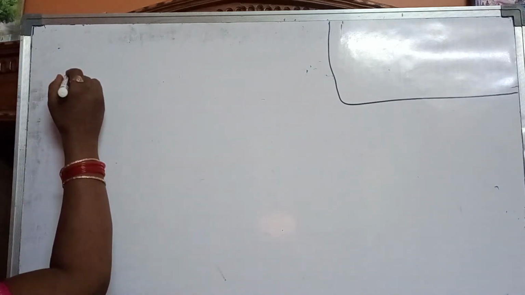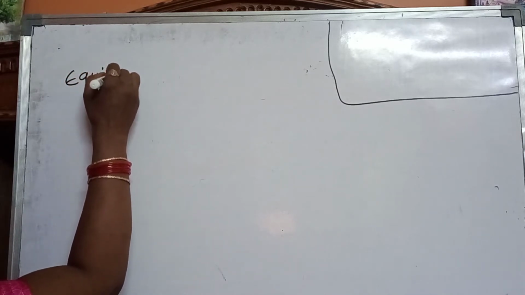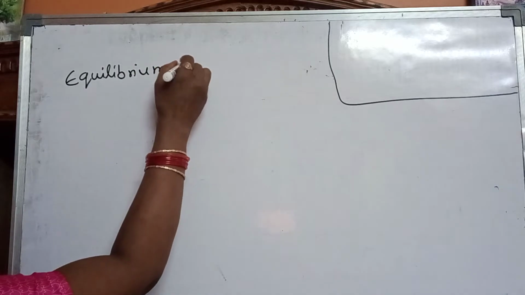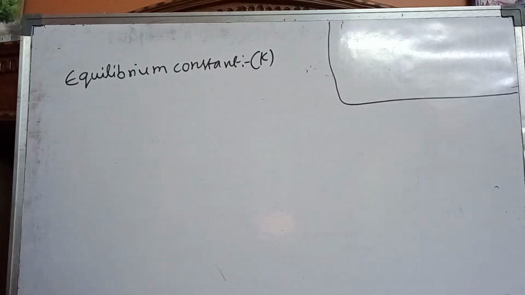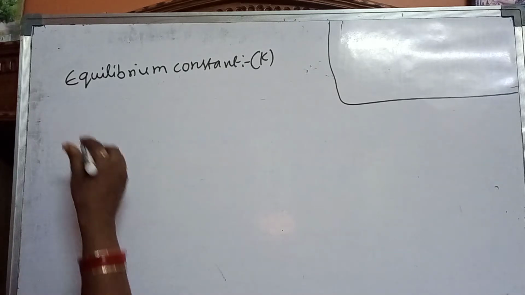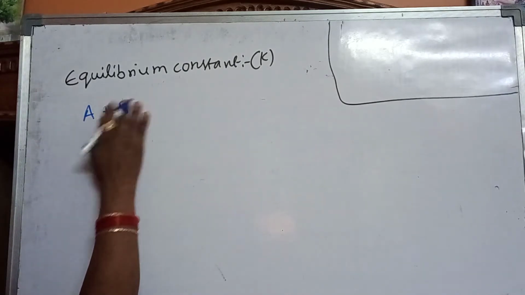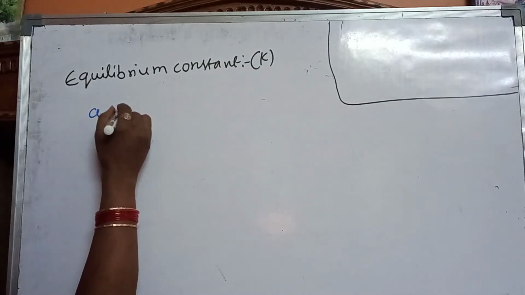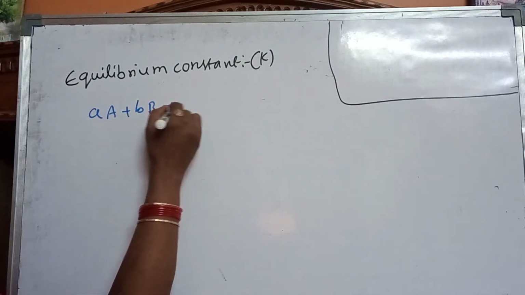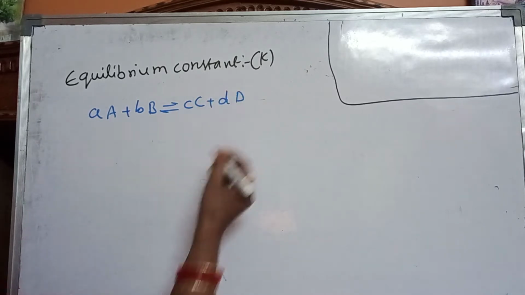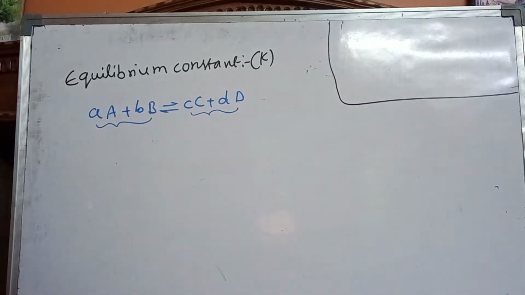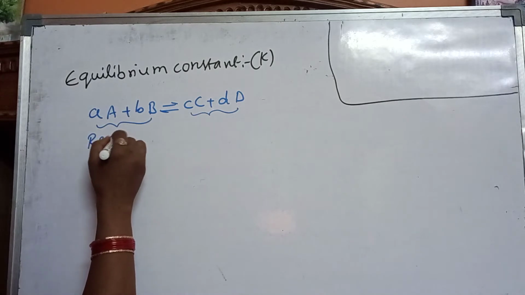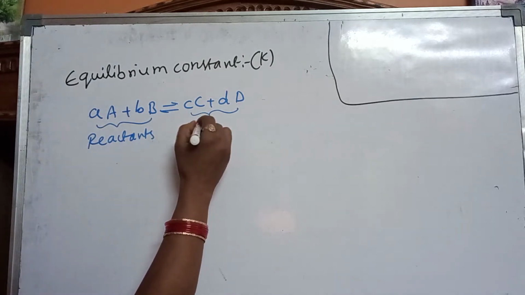We simply write it as K. For example, take a reaction: a moles of A reacts with b moles of B to form c moles of C and d moles of D. Here these are the reactants and these are the products.